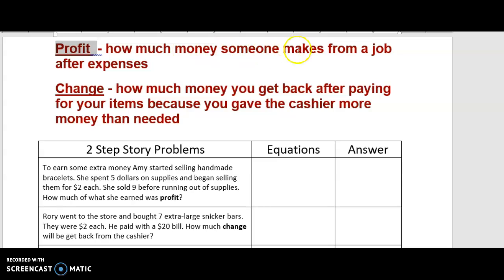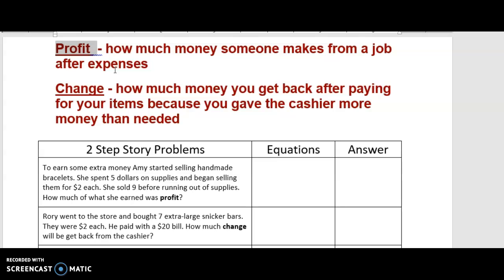How much money someone makes from a job after expenses, meaning if I work 6 hours and each hour I got paid $10, 6 times 10 is 60, and so I made $60. But if I was mowing lawns and I had to pay $5 in gas, 60 minus 5 would be 55. So then my profit would be $55.